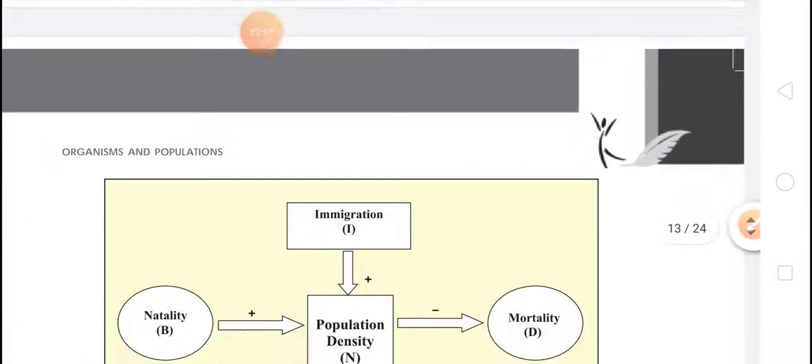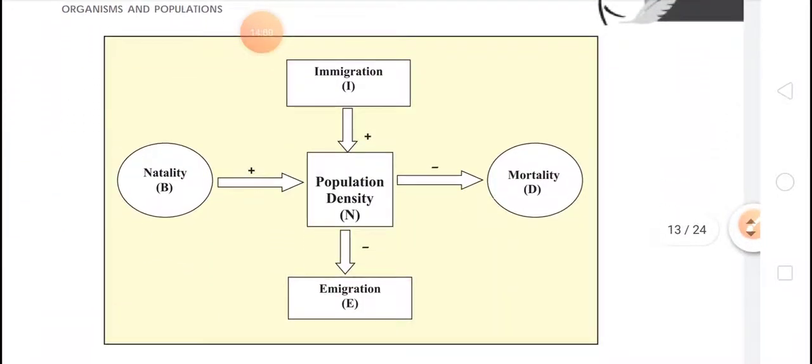So we can say that if we calculate the population density of an individual organism, suppose I'll explain with the help of a tiger. If we want to increase the population density of tigers, or if it is increased, how is it increased? It is increased by natality and immigration, because of more births and more tigers coming from different areas.